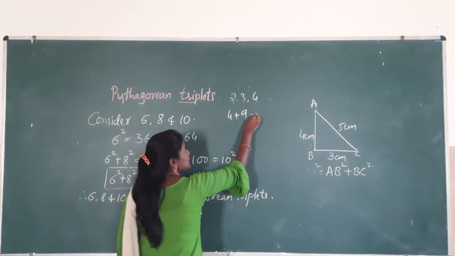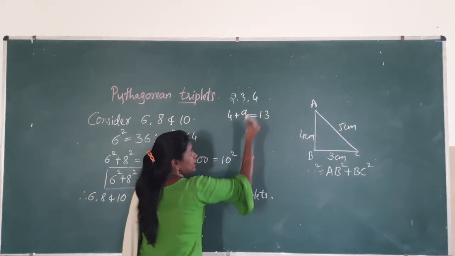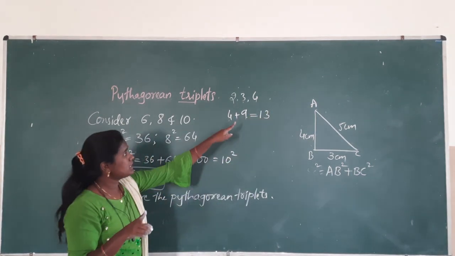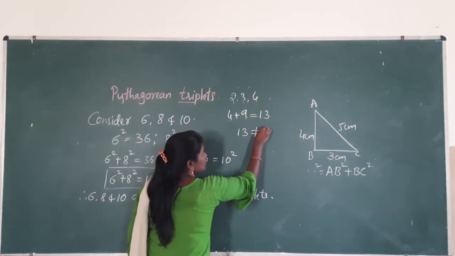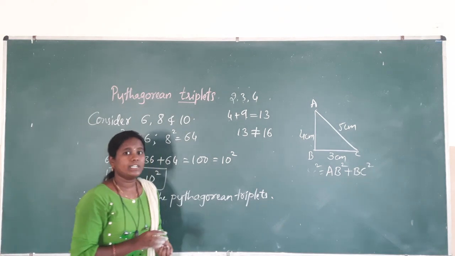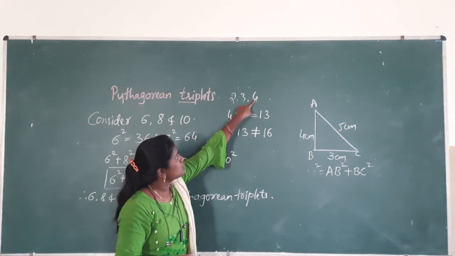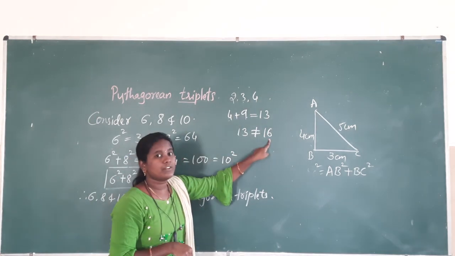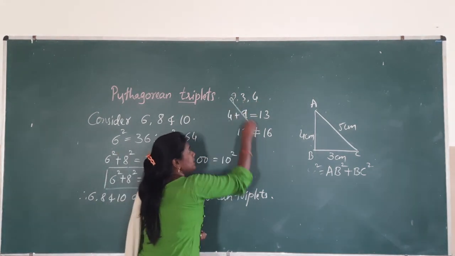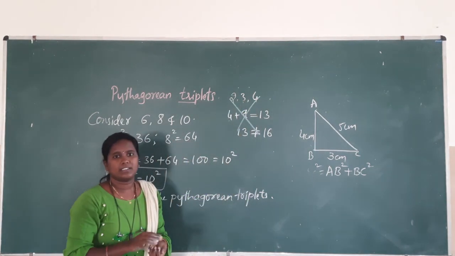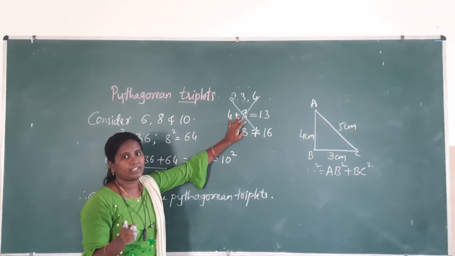The sum of these two is 13. That 13 is not equal to 16, because 4 square is 16. Therefore, 2, 3, 4 are not Pythagorean triplets.